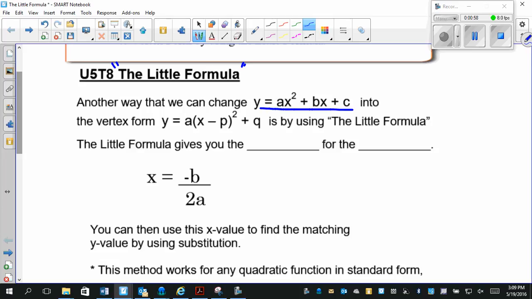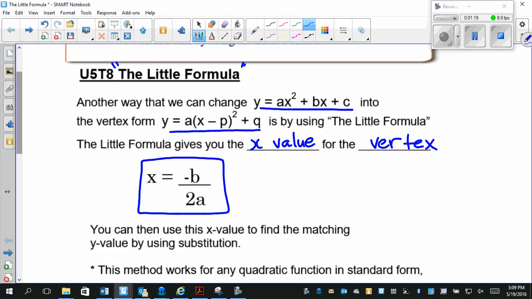And the Little formula, when you use it, it gives you the x value for the vertex. And this is our Little formula. Okay, so the Little formula, x in the vertex is going to be equal to minus b over 2a.